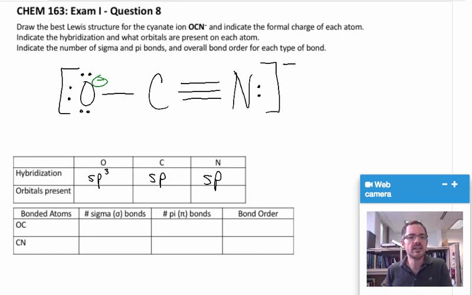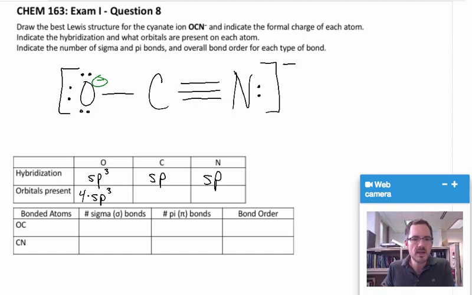So when I go through and say, okay, I know my hybridization, so what orbitals are present? Well, for oxygen, we have 4 sp3 orbitals. With the carbon and nitrogen, this is going to be a little tricky now because I still have an sp orbital, but it's not all sp now. I have p orbitals that were not hybridized.